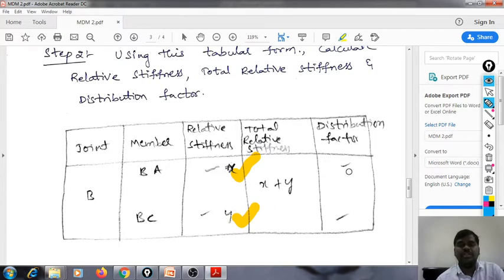That's it. Distribution factor: x by x plus y, and next y by x plus y. Those are the distribution factors.